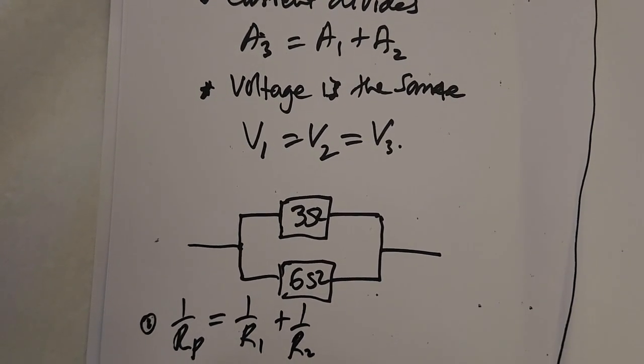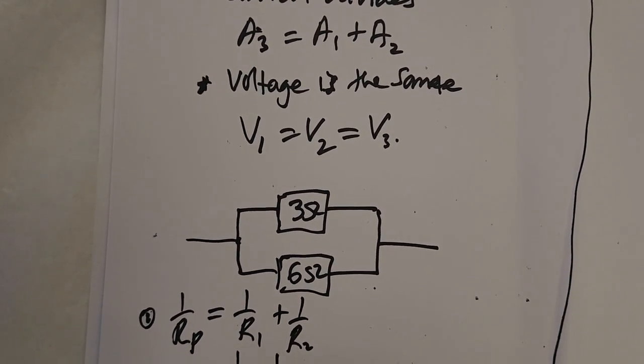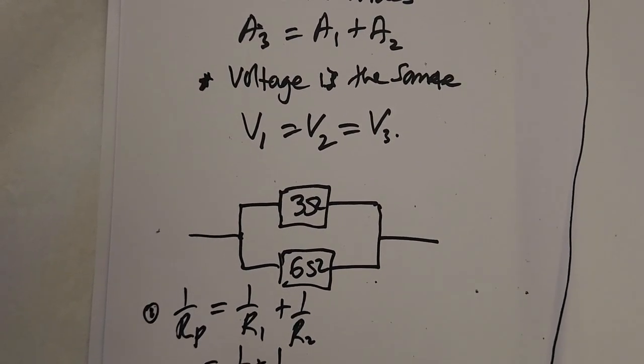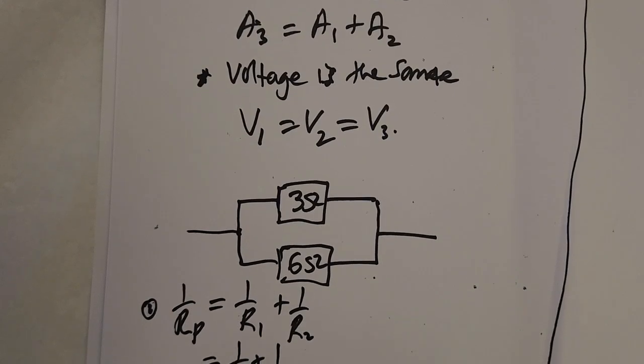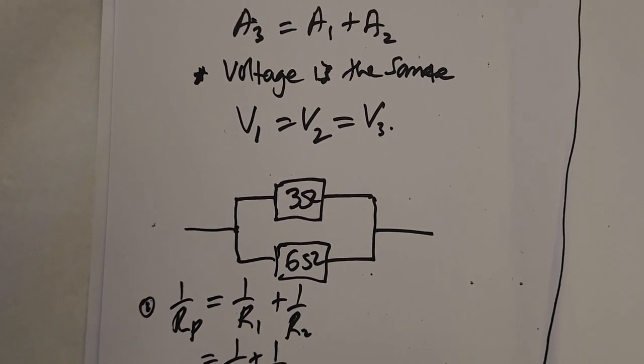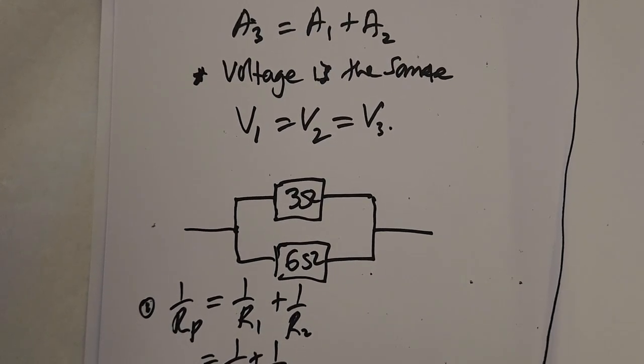Therefore, this will be 1 over 3 plus 1 over 6, which will give me 1 over 2 if you use your calculator. Then 1 over Rp equals 1 over 2, therefore Rp equals 2 ohm.